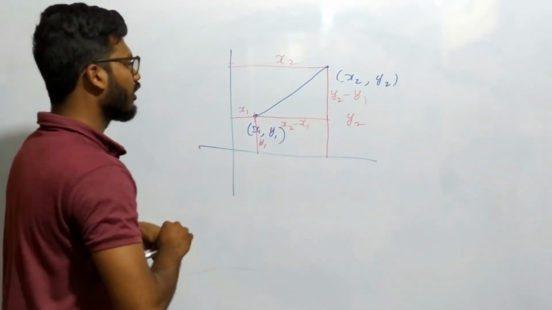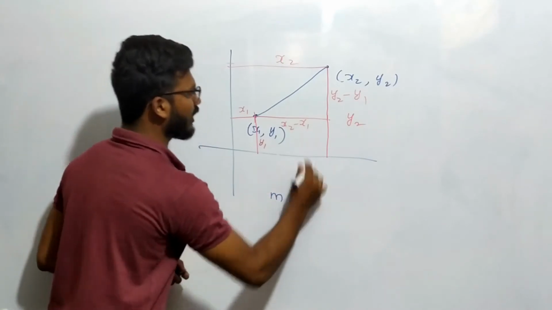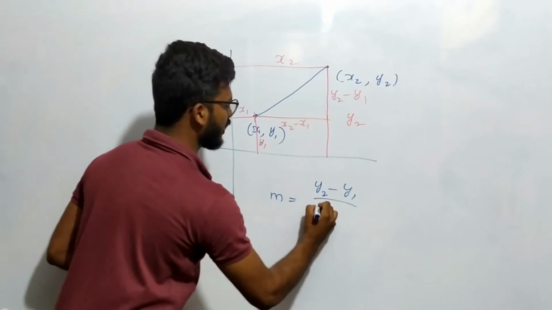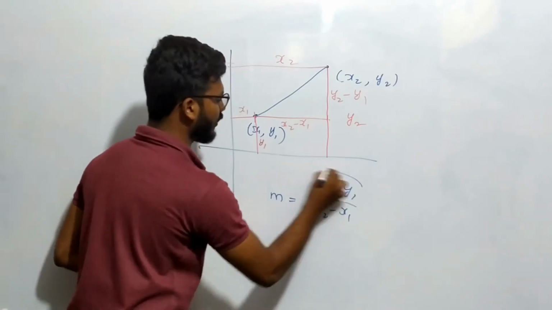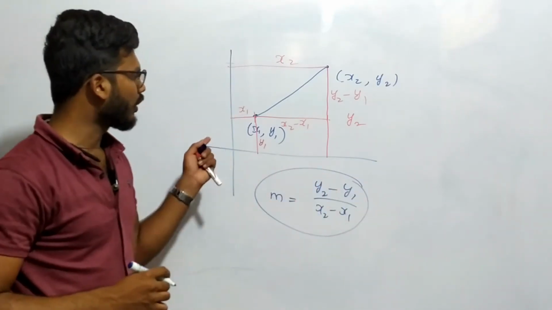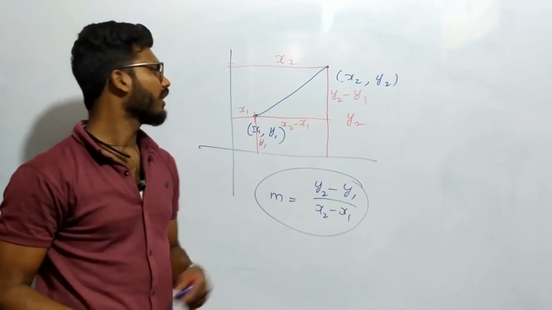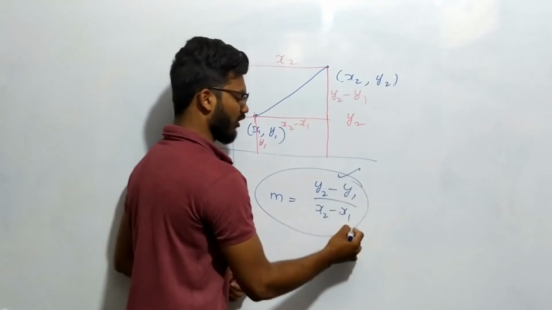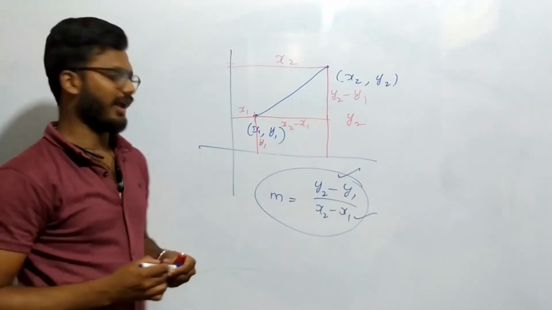So the slope is nothing but vertical distance y2 minus y1 by horizontal distance x2 minus x1. When we know 2 points and we don't know the inclination of that line, the formula for finding the slope is y2 minus y1 by x2 minus x1.